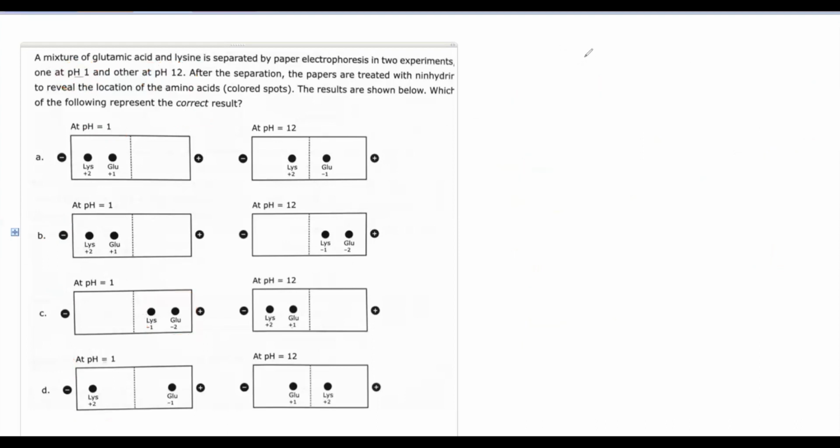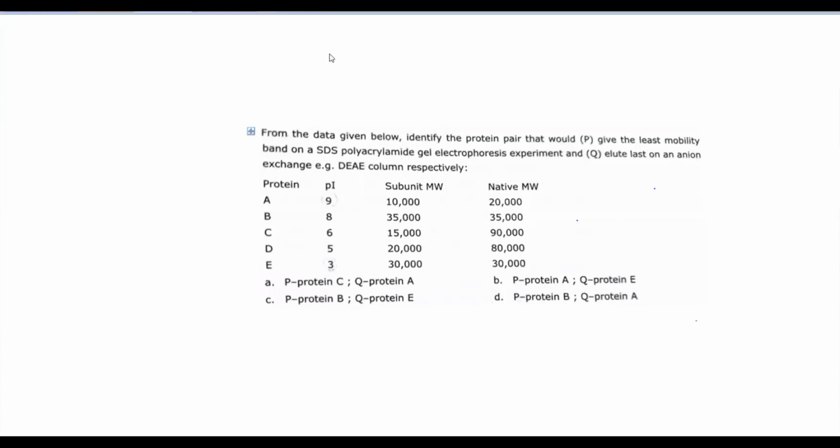See, it was so easy to actually solve this question if you knew at what pH and what pI, what condition it is. Okay, now let us do the next question. So the next question says, from this data given below, identify the protein pair that would have least mobility and would elute last on an anion exchange. Okay, now least mobility. Least mobility means that the size would be higher, right? Because the bigger the protein, the higher the mass of the protein, the slower it moves.